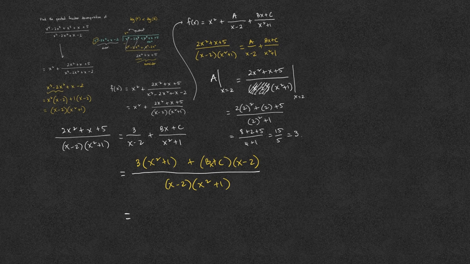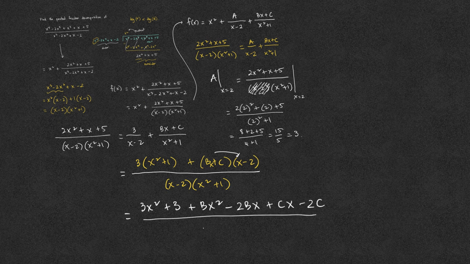The numerator is 3x squared plus 3 plus bx times x is bx squared. Bx times negative 2 is negative 2bx plus cx minus 2c over the least common denominator. And again, this must be the same as 2x squared plus x plus 5 over the same denominator.